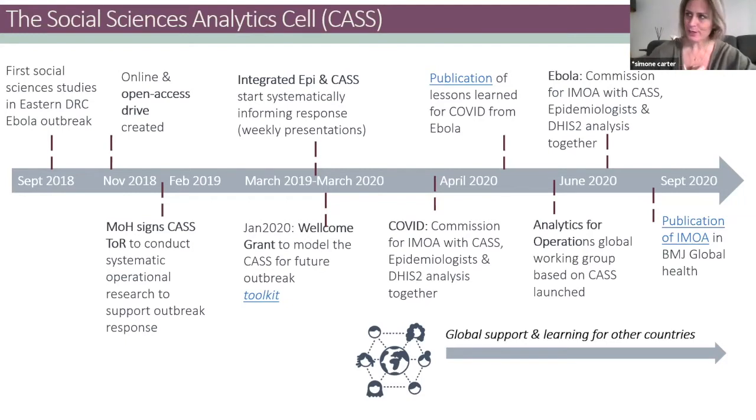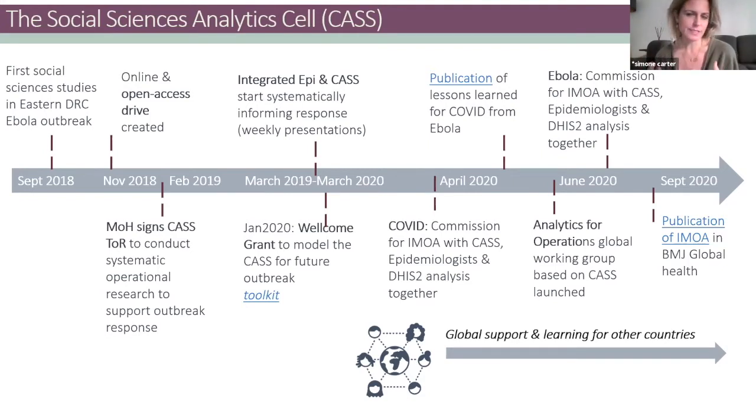There was no plot or plan, but we started doing social sciences research, which happens in all outbreaks, but in this way, sitting right next to the epidemiologists and having debate and discussion from day one of what the epi data look like, what the social sciences data look like, and vice versa, and how we are influencing each other's analyses. And in February, we got terms of reference.